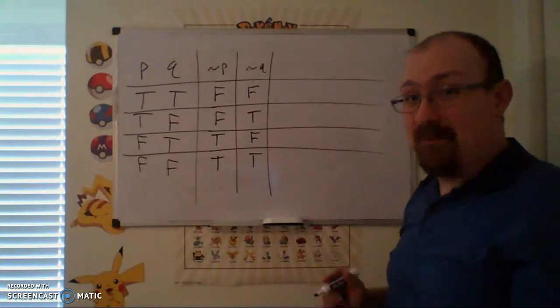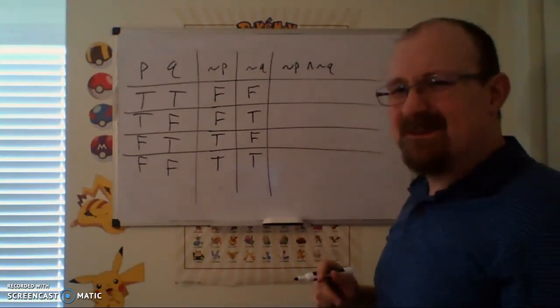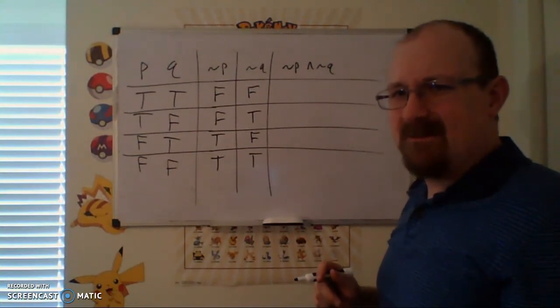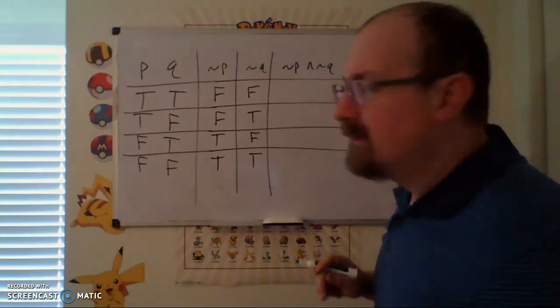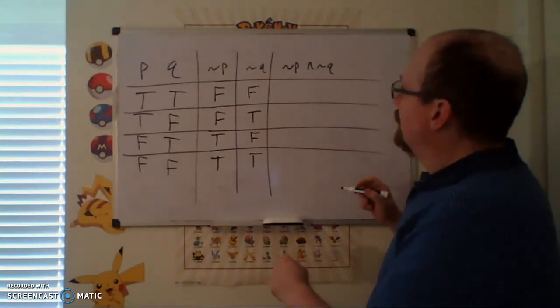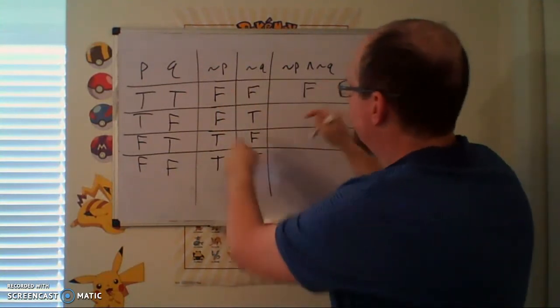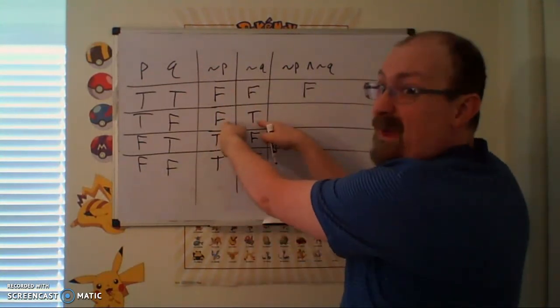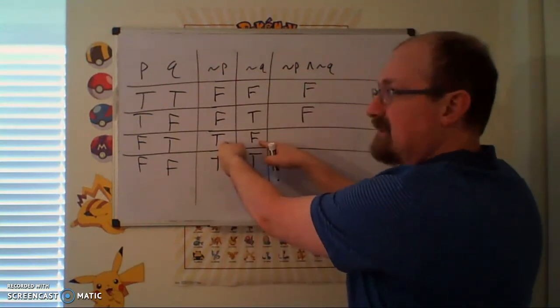Now we hook these up with a conjunction. Do you guys get the Schoolhouse Rock thing stuck in your head every time I say conjunction? It's weird. I do probably about 1 in every 3 times. So, false and false. That is false. False and true. They both have to be true. They're not. True and false. Same thing.